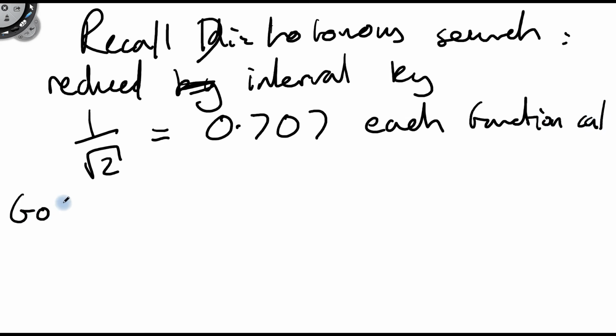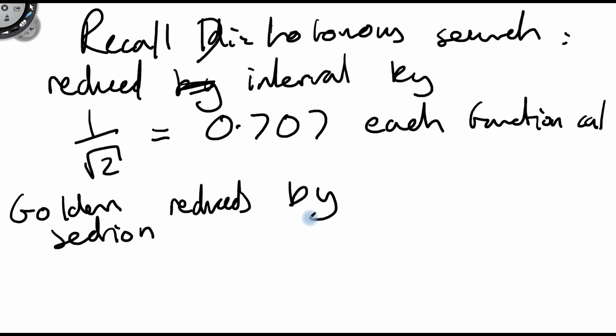Whereas the golden section search reduces by 0.618 each call.